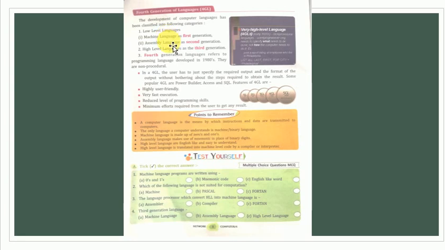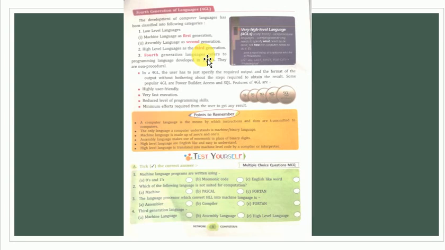It is further divided into two categories: machine language as first generation, assembly language as second generation. And the second one we learned about, high level language, as third generation. And the last one is fourth generation language, a programming language developed in the 1980s.